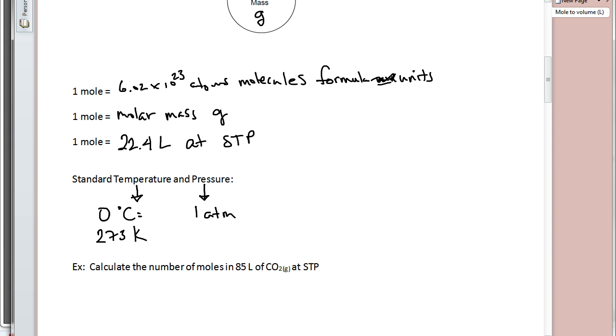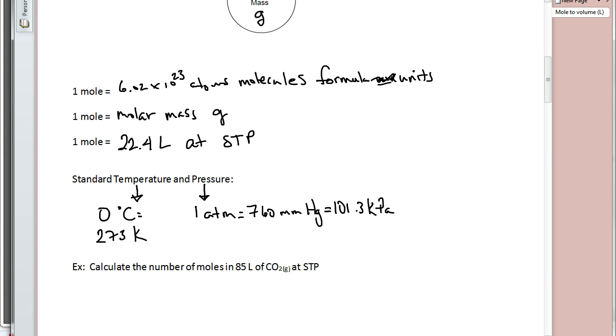Atmospheres is a type of measurement of pressure. So 1 atmosphere is equal to 760 millimeters of mercury, which is equal to 101.3 kilopascals. Any one of these 3 measurements, and there are a few other pressure measurements as well, but these are the 3 main ones we're going to talk about. These 3 pressure measurements would all be standard pressure.